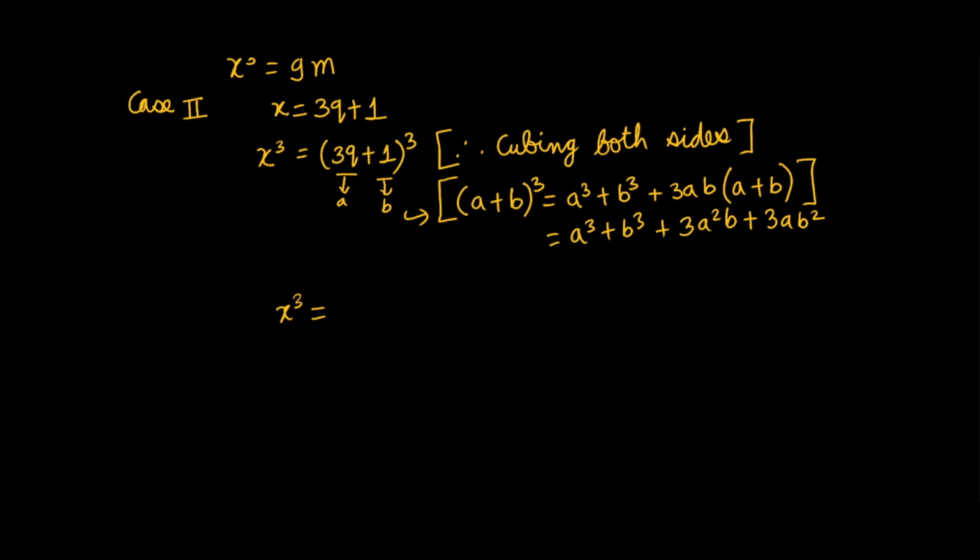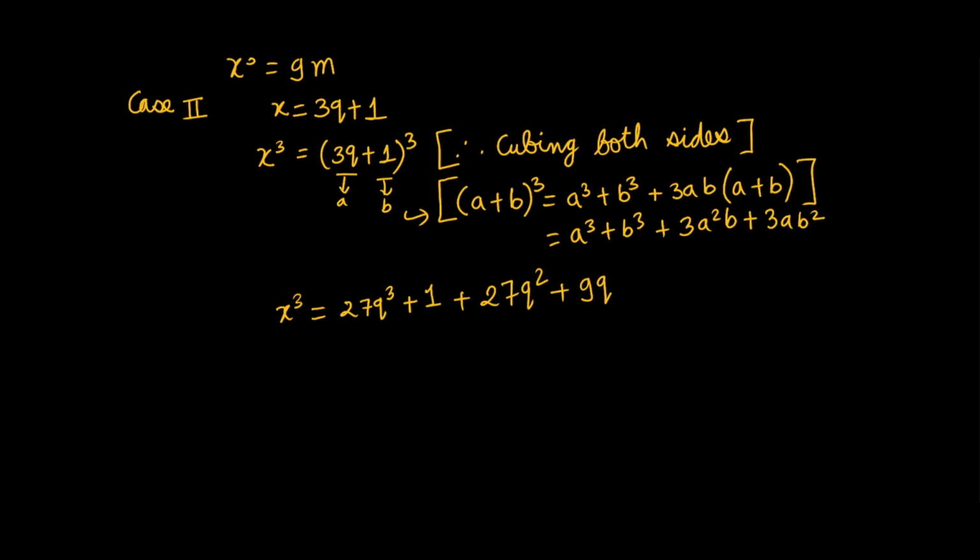So 3 3s are 9, 9 3s are 27, 27q cube, plus 1 cube is 1, plus 3a square b. 3a square is 3 3s are 9q square, 9 3s are 27 into b, 27q square, plus 3 3s are 9q.